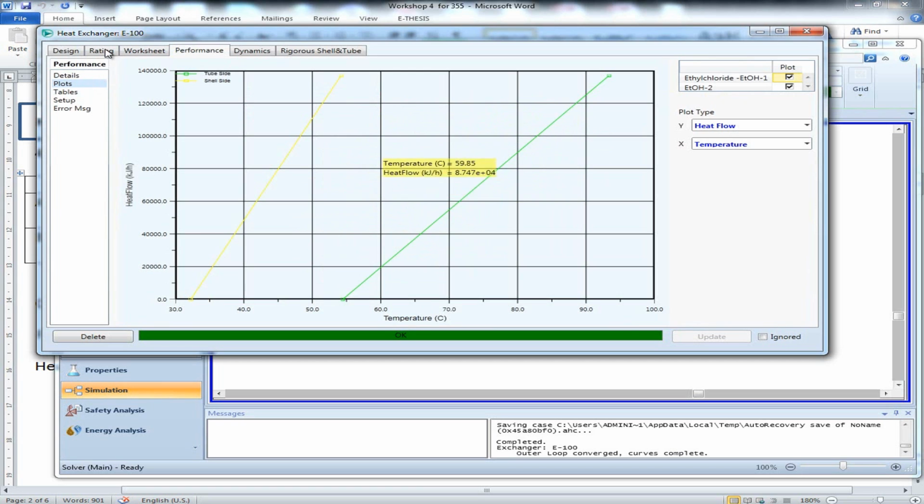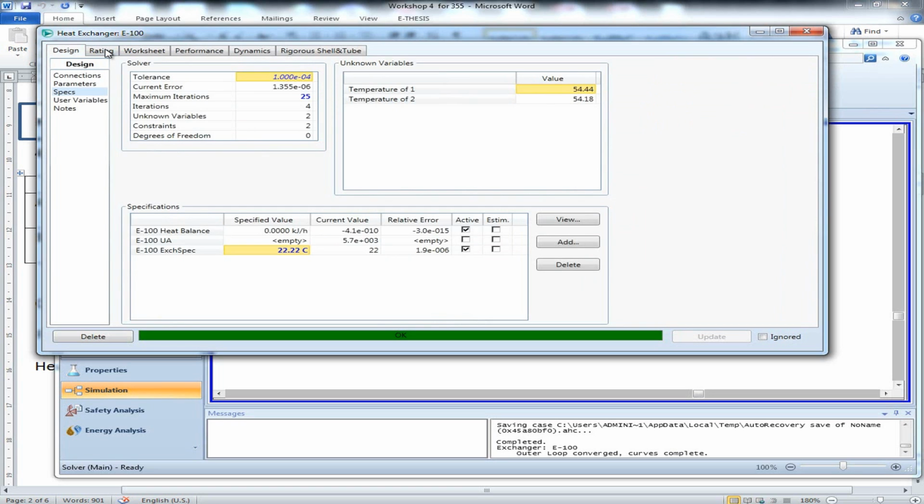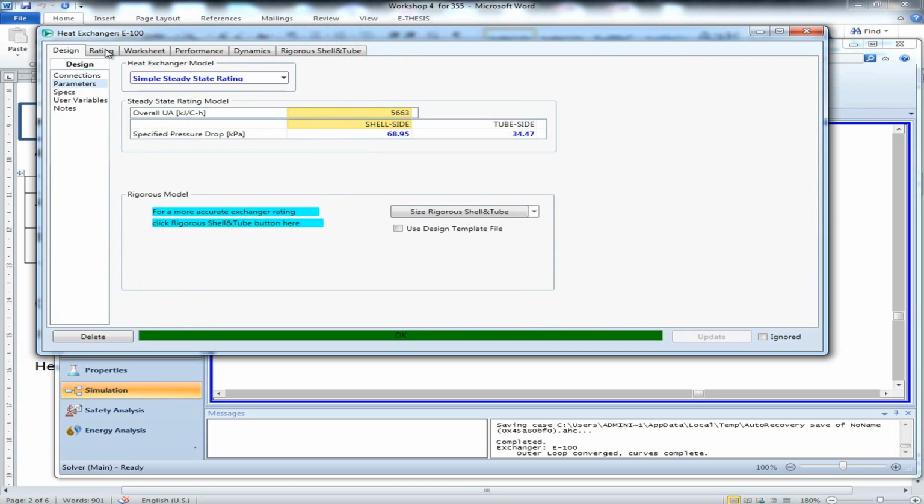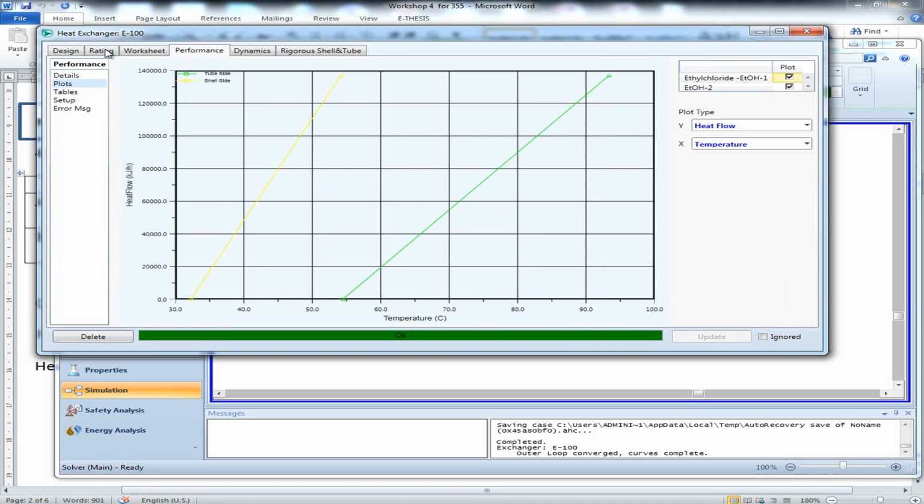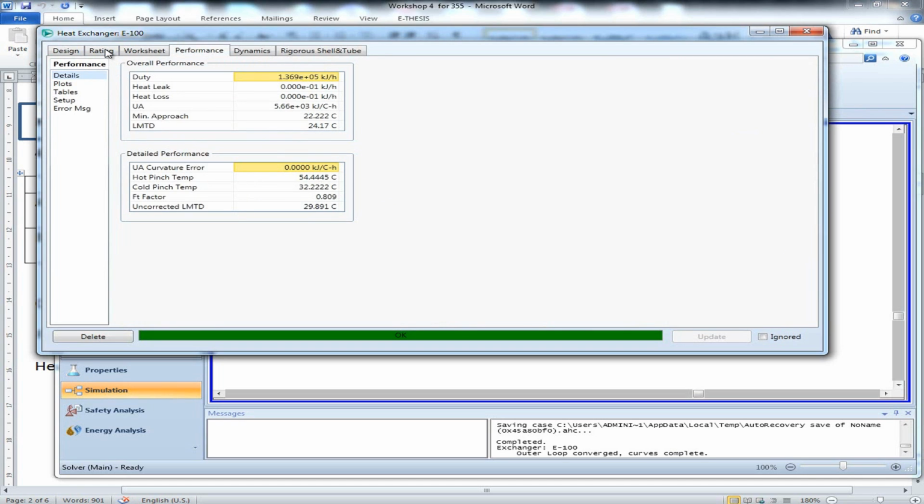They get close to each other, but not very far apart like previously. And Ft is equal to 0.8. So in the case of a 1-2 shell and tube heat exchanger, a minimum approach of 40 degrees Fahrenheit is okay.